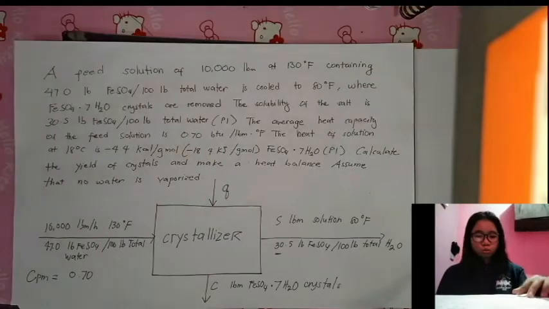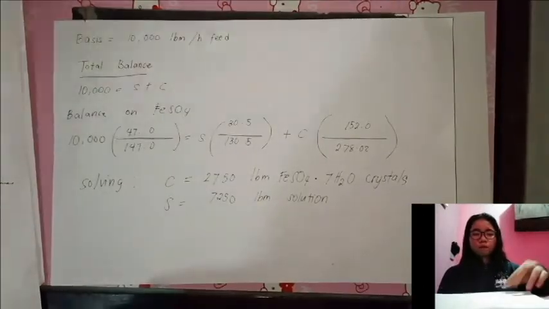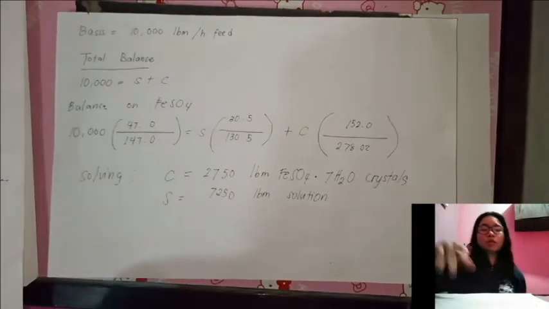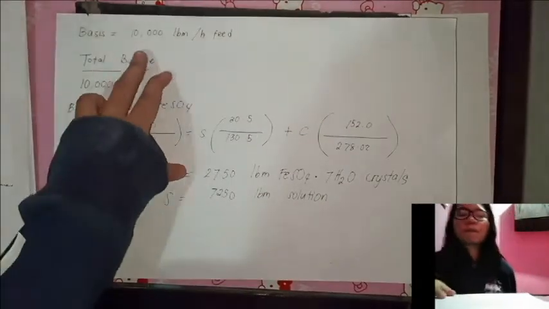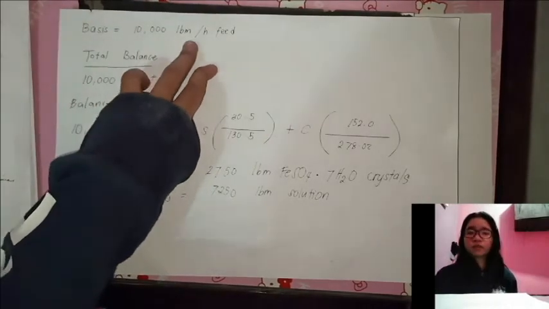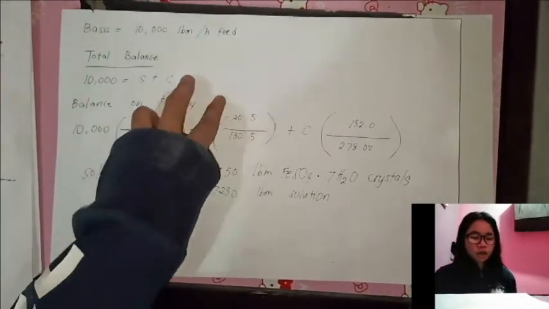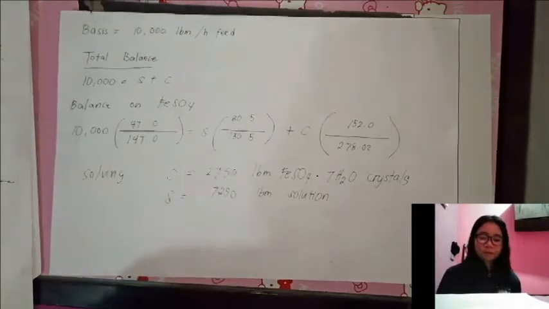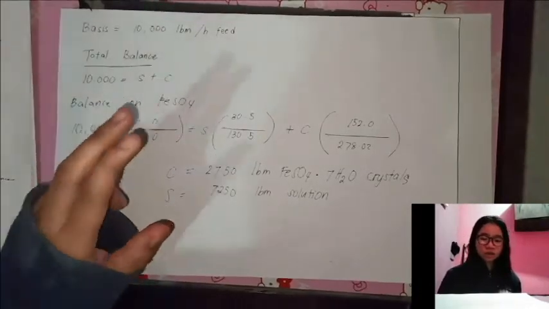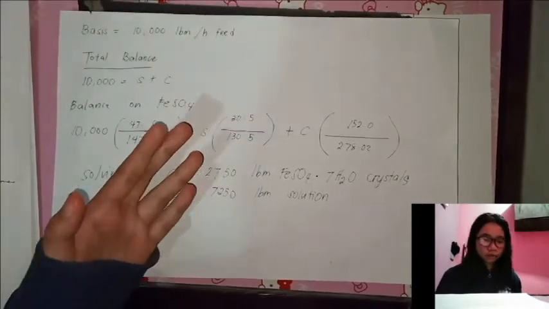First, we make a basis. The basis is 10,000 pound mass per hour feed. Early in the solution of most balance problems, one should choose a basis of calculation. The basis is a reference you choose for the calculation you plan to make.